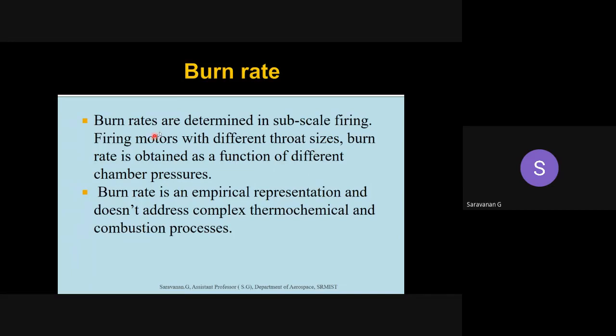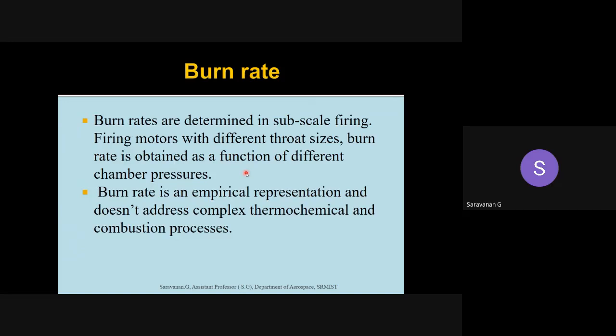Whenever you are burning in the subscale firing of solid propellants, firing motors with different sizes can be used. Burn rate is obtained as a function of different chamber pressures. From the chamber area to the nozzle exit, with respect to the nozzle throat section, you vary the size of the throat. Whenever ignition starts, chamber pressure and chamber temperature react majorly to define the burn rate.